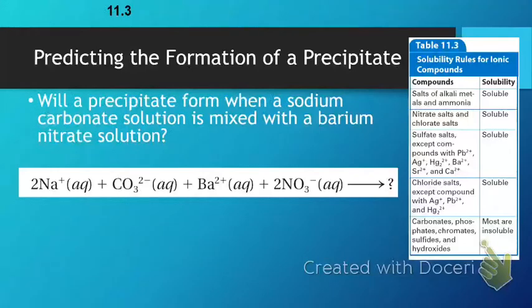Here's an example problem to predict the formation of a precipitate. Here's our question. Will a precipitate form when sodium carbonate solution is mixed with a barium nitrate solution? Okay, so written out here is the complete ionic equation.